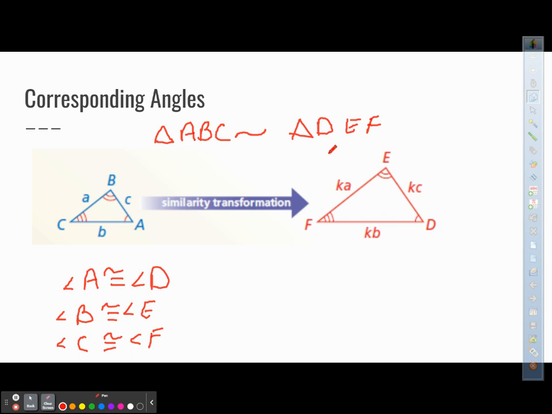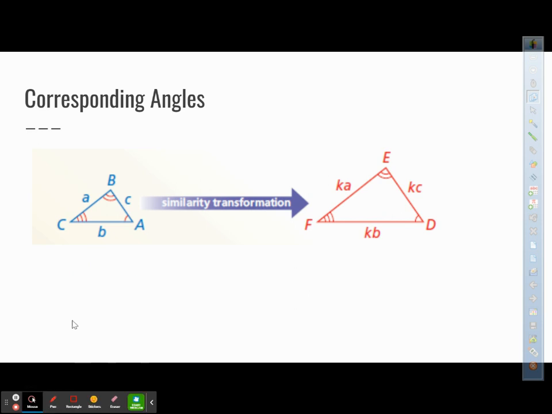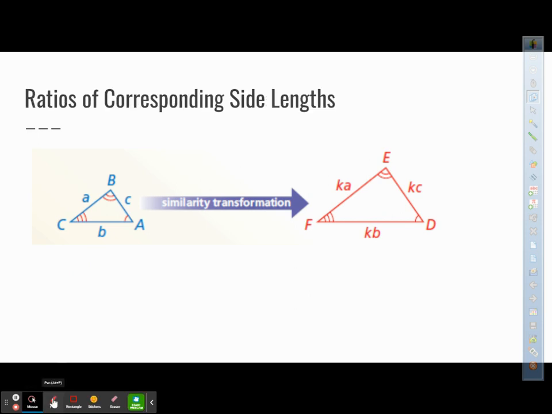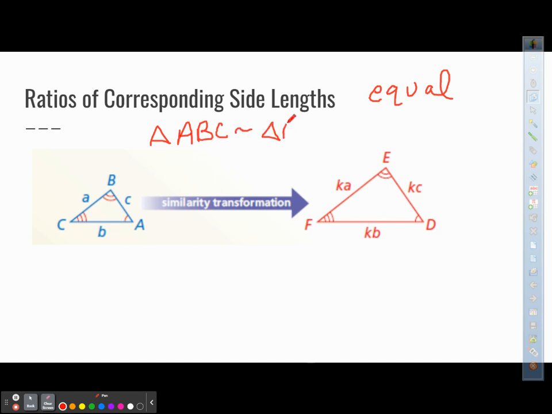Okay, and then the next thing is talking about the ratios of the sides. It says ratios of corresponding sides. The ratios of corresponding sides are all going to be equal. So whenever I compare the corresponding sides to each other, their ratios are going to be equal. What that means is, let me rewrite my similarity statement because I don't have it on here. AB corresponds to DE.